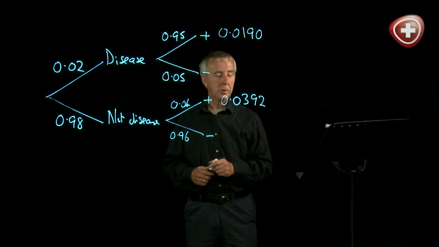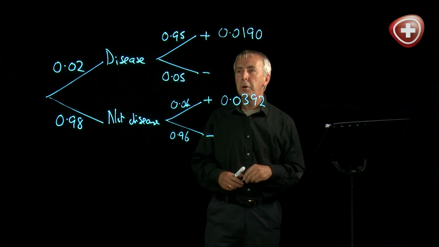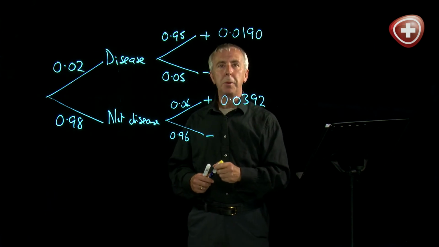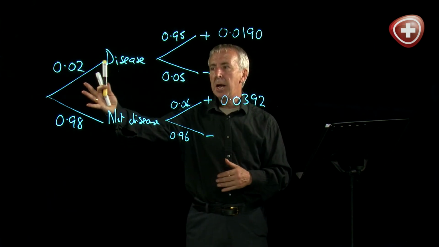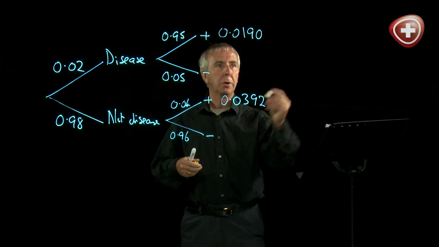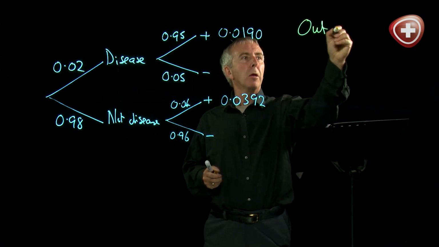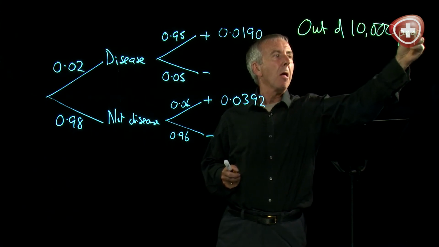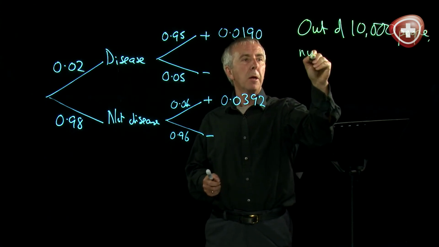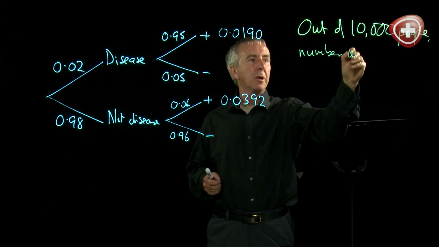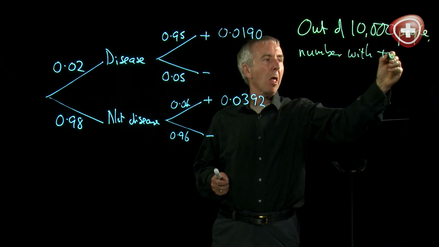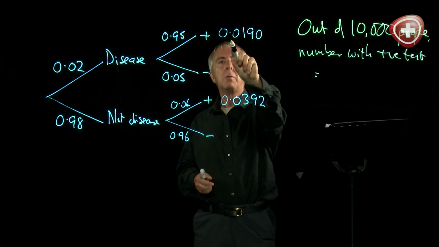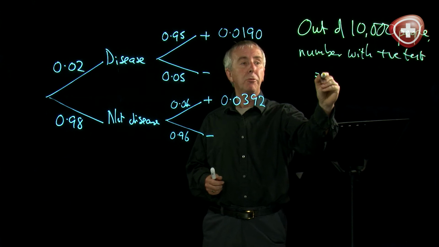So what does this tell us? Well, again, a good way of looking at this is to make these into whole numbers. Suppose 10,000 people had been analysed from the population. So out of 10,000 people, the number with positive test results, well here, if we multiply by 10,000, we get 190.